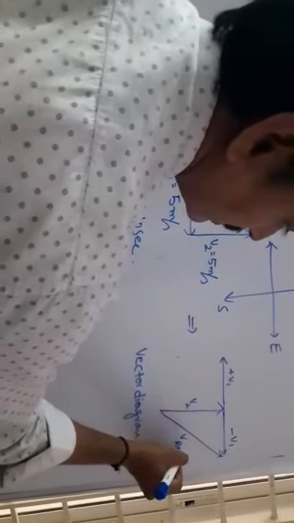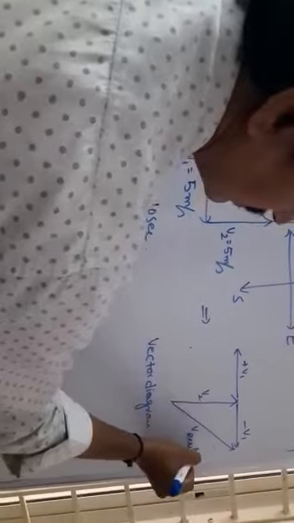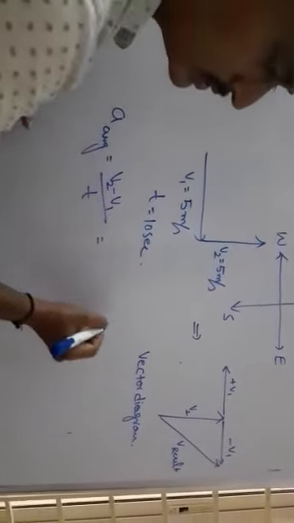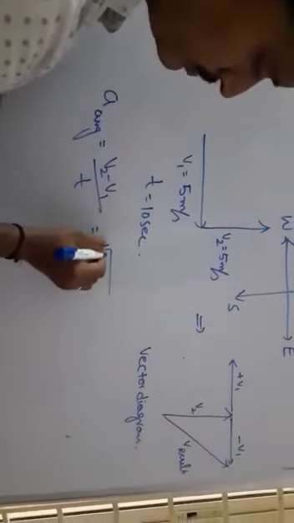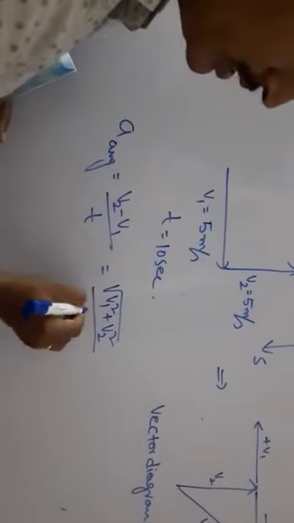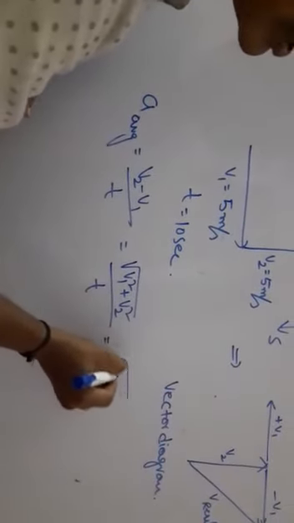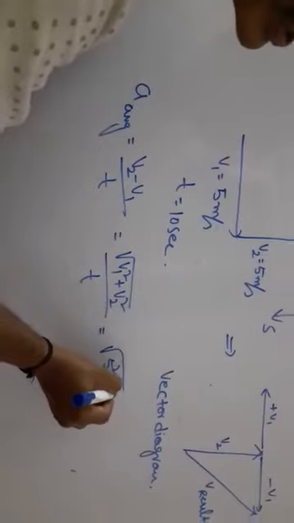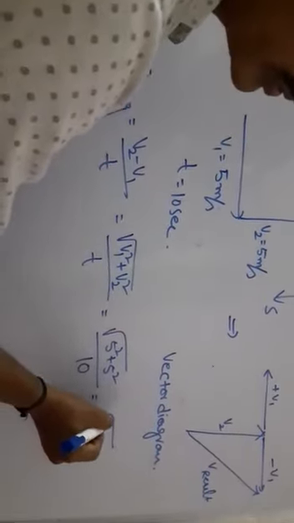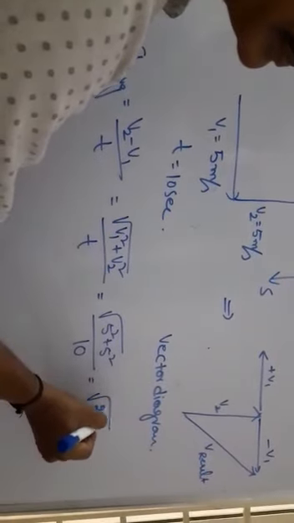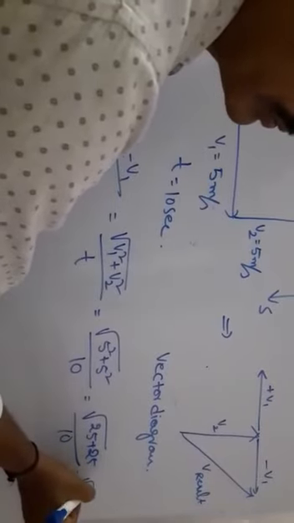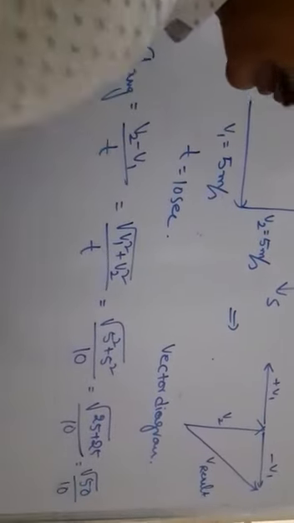The resultant is equal to the square root of v1 square plus v2 square, divided by time t: square root of 5 square plus 5 square, divided by 10, that is square root of 50 divided by 10.